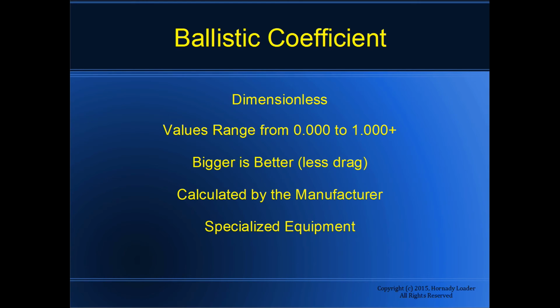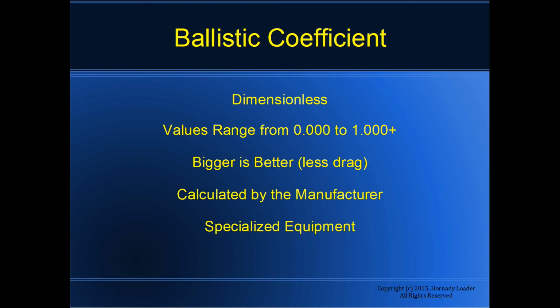Now, just a note about the ballistic coefficients that are provided by the manufacturer. Each manufacturer calculates their ballistic coefficient a little differently. I mean, there's some universal constants that they all use, but they're calculated slightly differently.